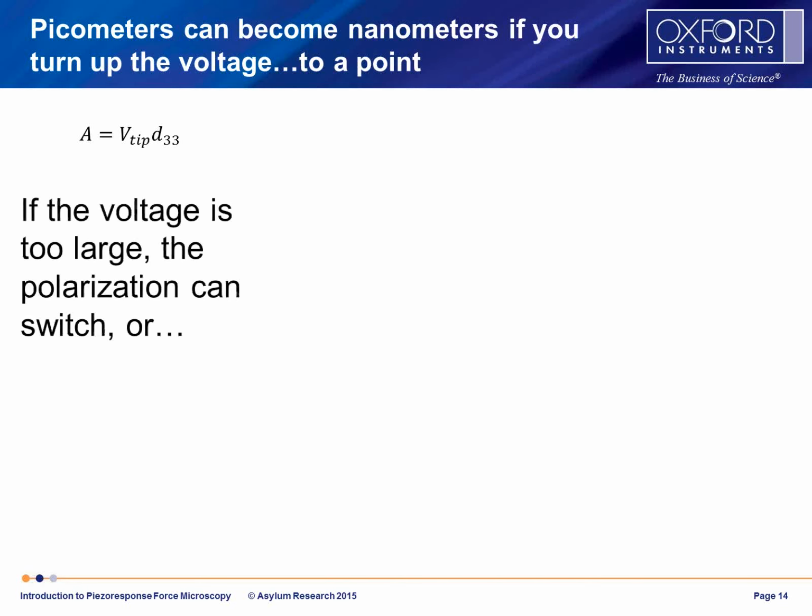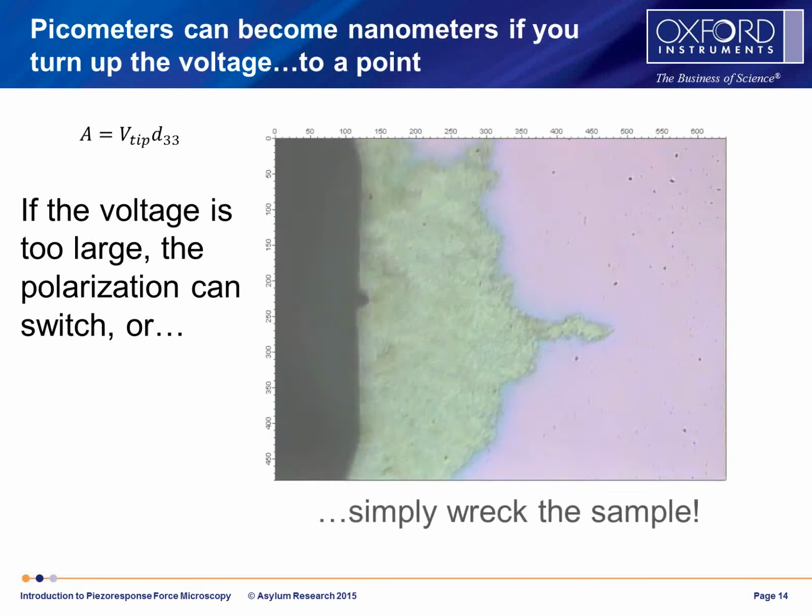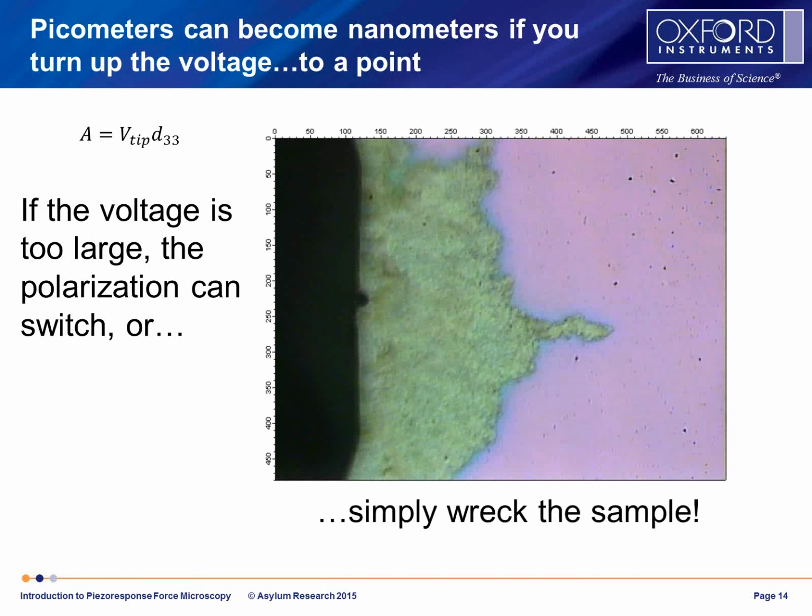If you do that, at some point, you may come to a point where the polarization is actually being continuously switched by that applied voltage, in which case your signal won't grow anymore, and in fact your domain structure may be destroyed or removed. If you keep going even beyond that, it can be even more dramatic, where you can reach dielectric breakdown and cause damage to both your tip and your sample.